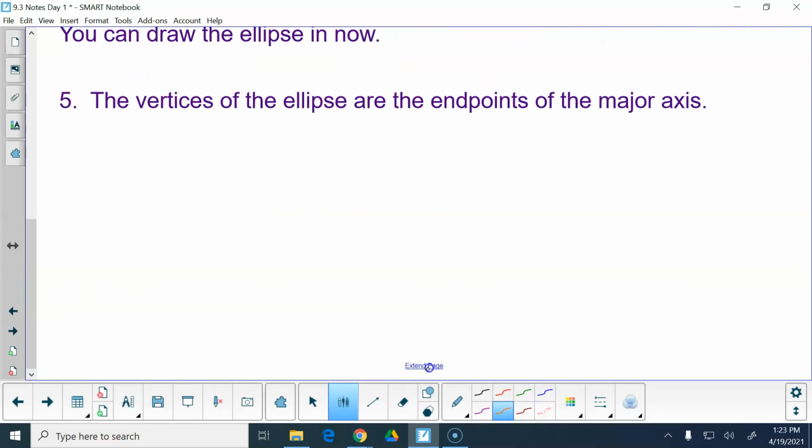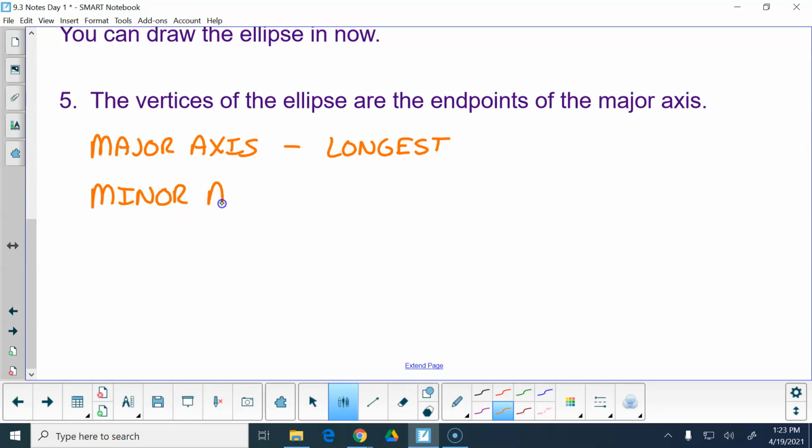Well, the major axis is the longest of the ones, the minor axis is the shorter. They're either going to be vertical or horizontal.